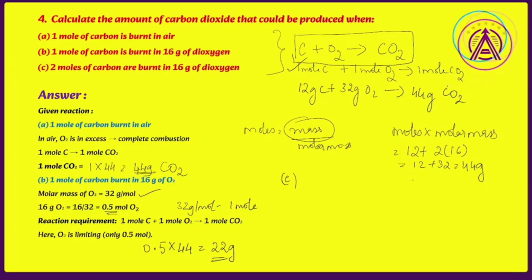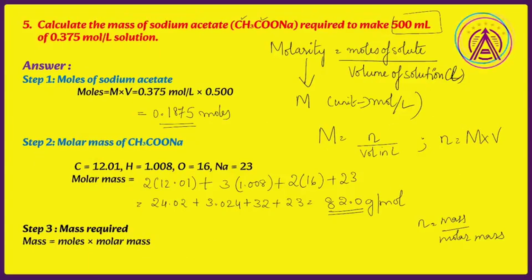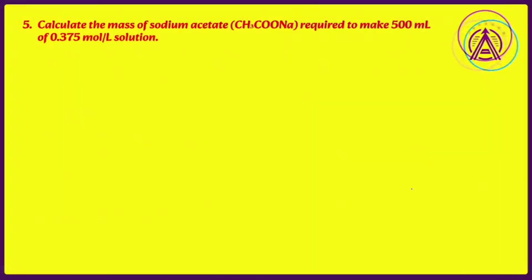We end up getting only 0.5 moles of carbon dioxide, which is again 22 grams of carbon dioxide that is obtained. In other words, mass is equal to moles into molar mass. Question number 5.